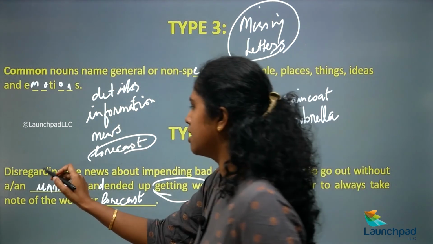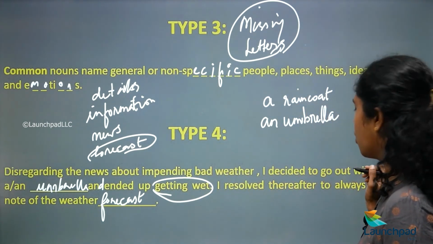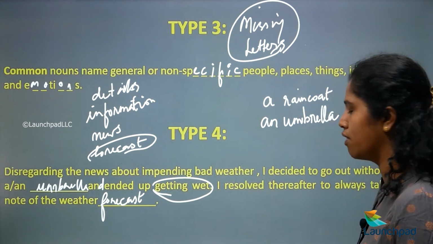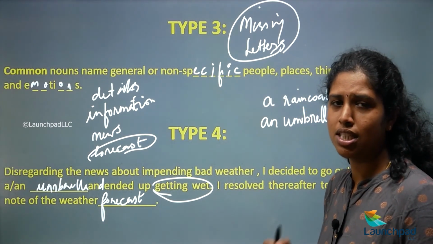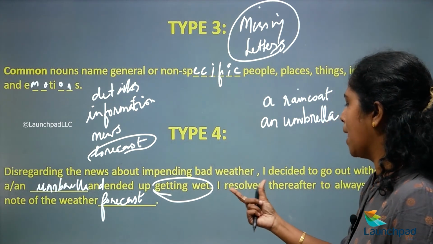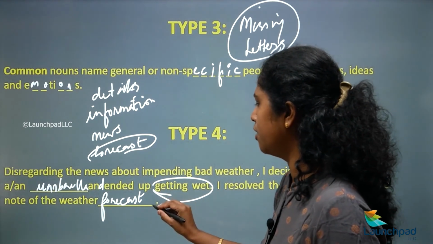So you see, disregarding the news about impending bad weather, I decided to go out without an umbrella and ended up getting wet. I resolved. So what is resolve? You see, that in future you are going to do this. Yes, so that is a resolution. I resolved thereafter to always take note of the weather forecast.